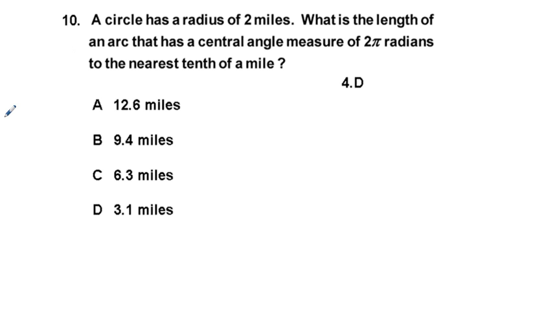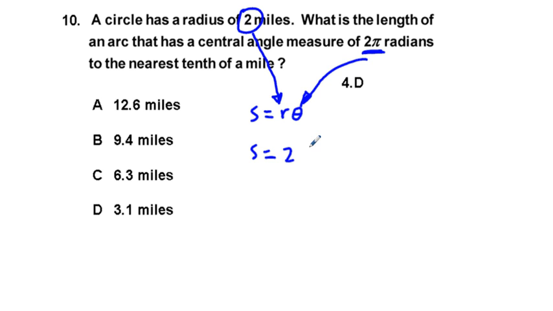And a circle has a radius of 2 miles. What is the length of an arc that has a central angle measure of 2 pi radians? Well, again, we have S equals R theta. And we say we have 2 pi radians, so we can just put in our angle right there. And our radius of 2 miles will go right here. So S equals 2 times 2 pi, which equals 4 pi.